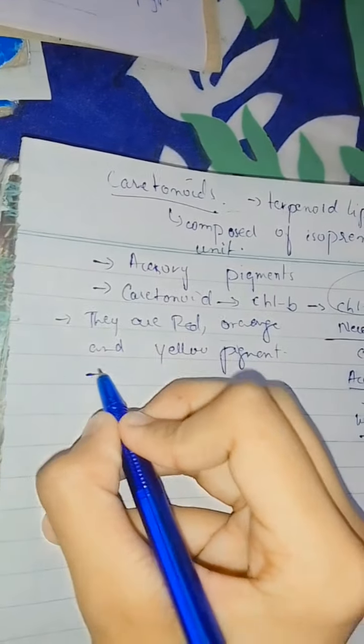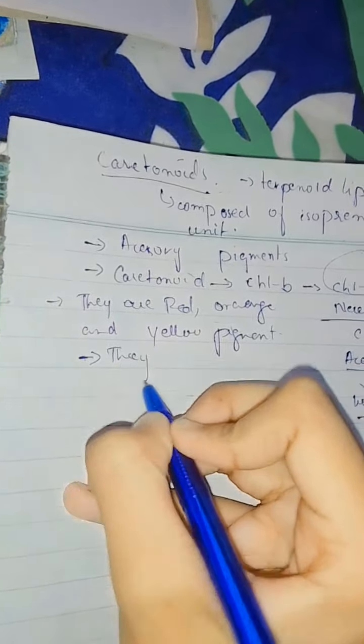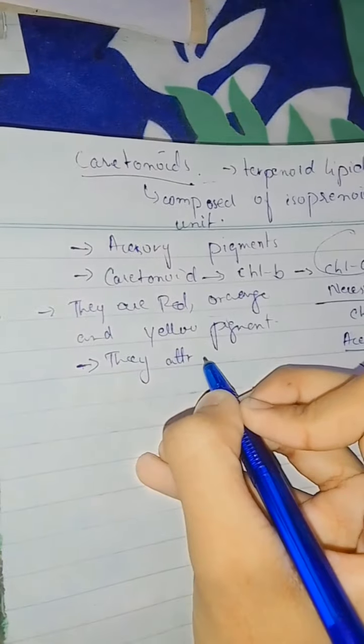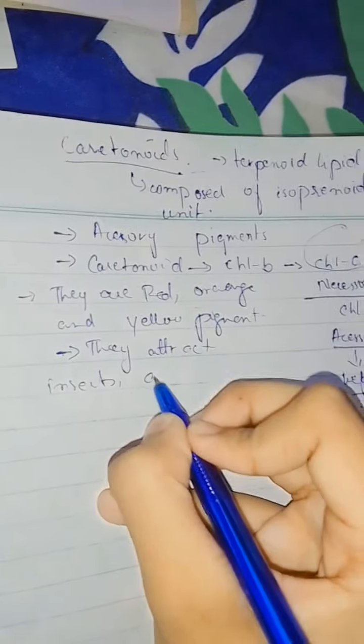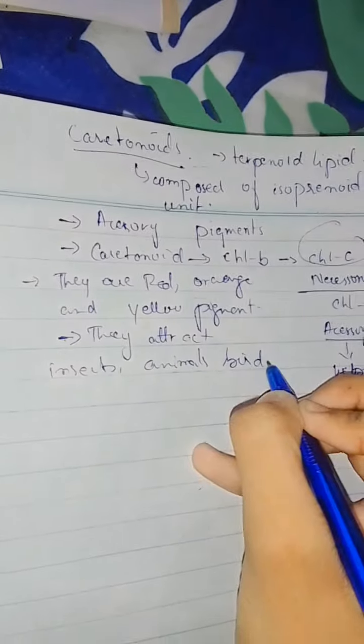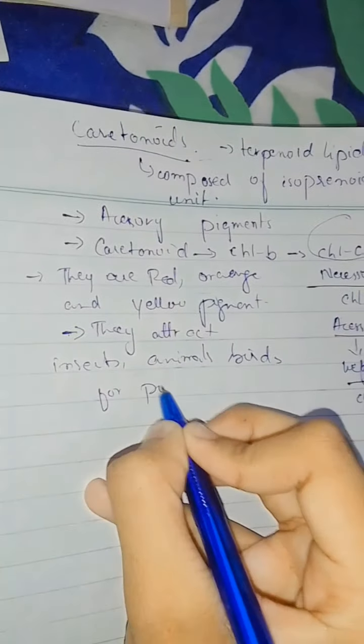Carotenoids are made up of these three colors, and for pollination, they attract insects, animals and birds.